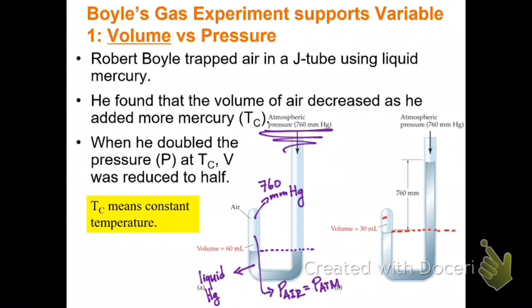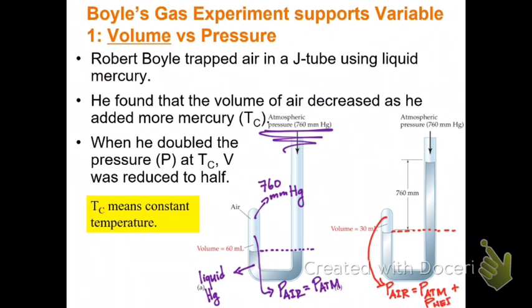How would you calculate the pressure of the trapped air here? The pressure of this trapped air is now equivalent to the pressure of the atmosphere plus the pressure applied by the liquid mercury, which is the height of the liquid mercury.